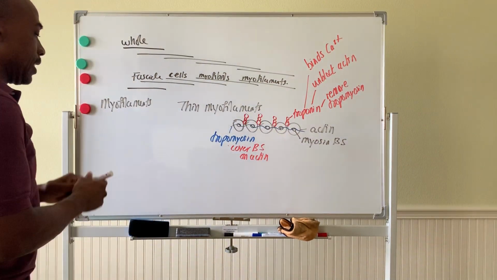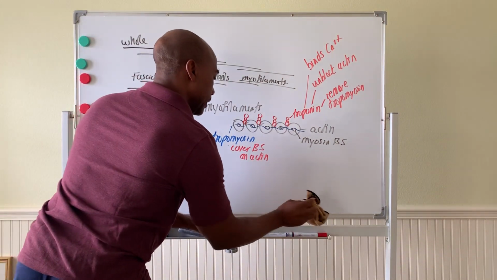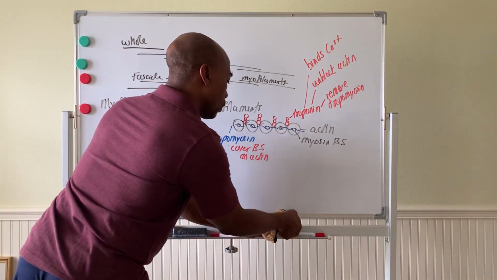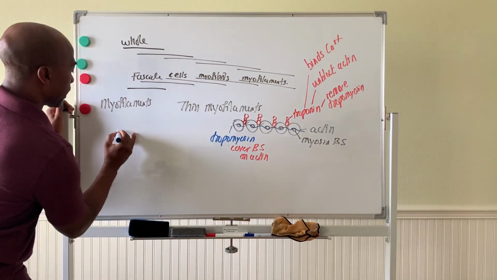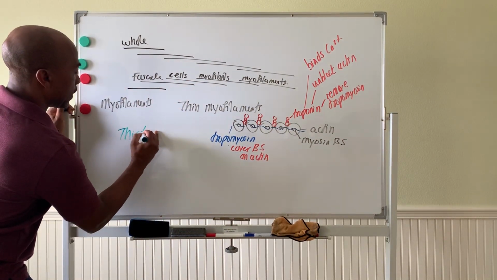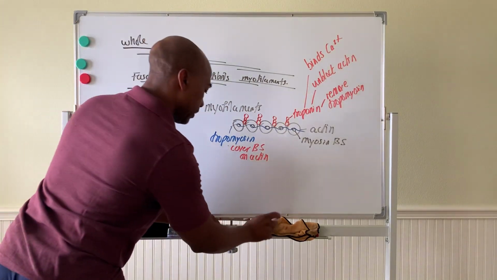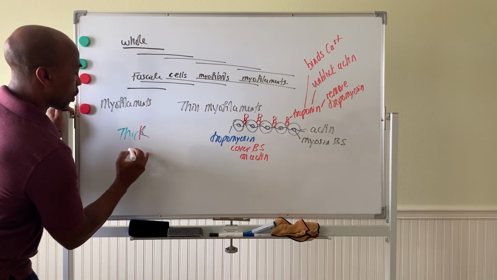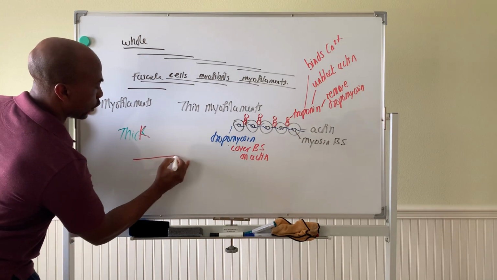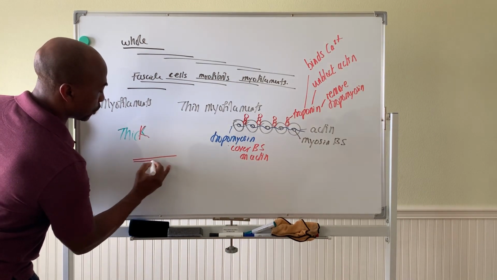And then your thick myofilament contains its own protein, a singular protein called myosin. Thick myofilaments contain a singular protein in bundles.